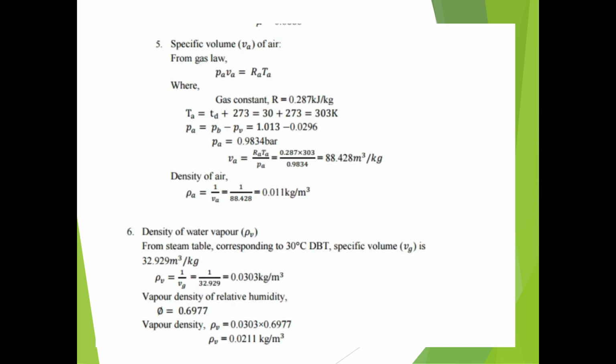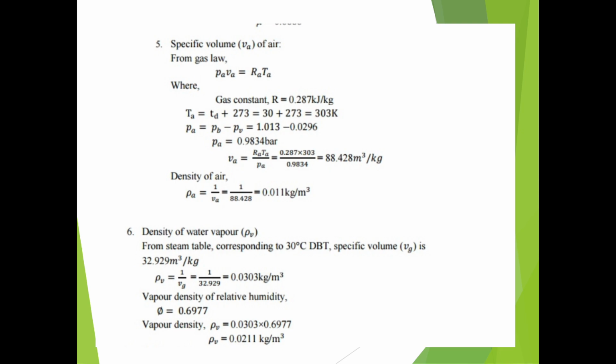Next we have to find the specific volume of air. Specific volume is represented by VA. From the gas law, PA VA is equal to RA TA. The gas constant R is equal to 0.287 kilojoule per kilogram Kelvin. TA is equal to TD plus 273, that is the dry bulb temperature plus 273, which is 30 plus 273 equals 303 Kelvin.